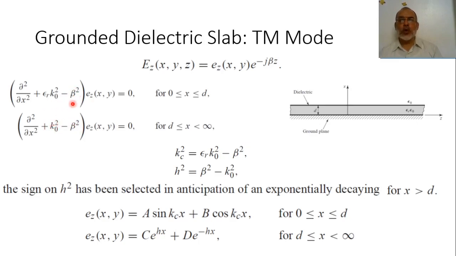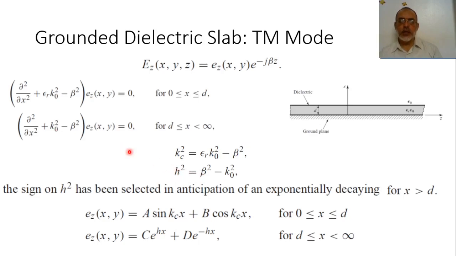We make a notation for epsilon r k naught squared minus beta squared as kc squared, while the negative of k naught squared minus beta squared, which is beta squared minus k naught squared, is h squared.